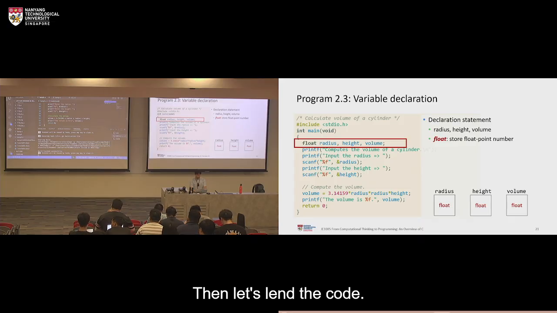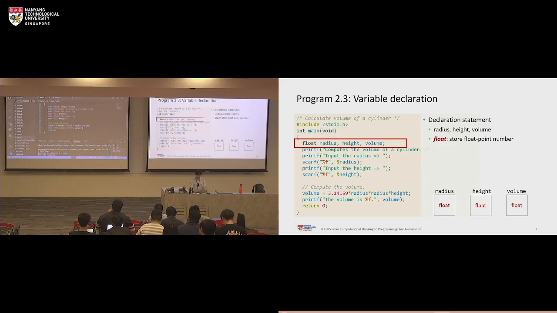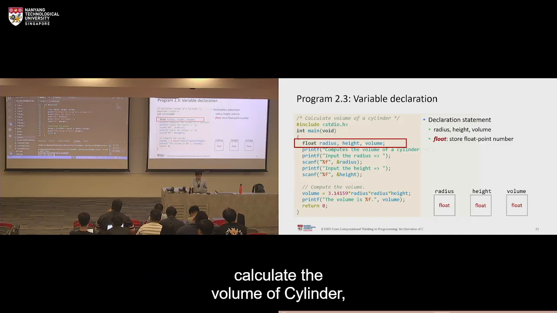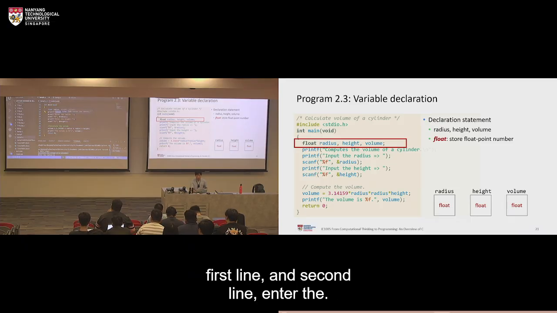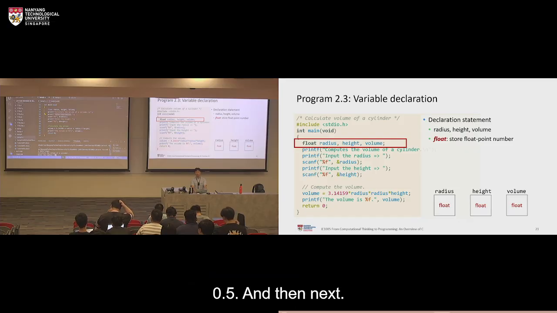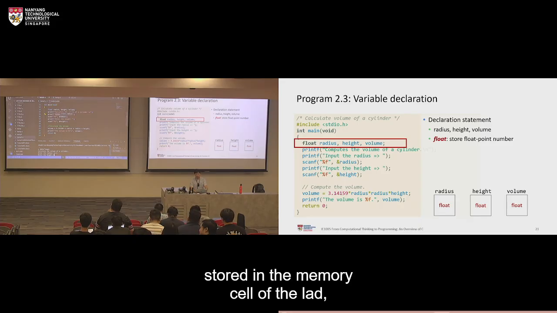All right, then let's run the code. So I displayed calculate the volume of a cylinder, first line, and second line, enter the radius. So let's say 12.5. And then next. Then this 12.5 is stored in the memory cell of the radius.